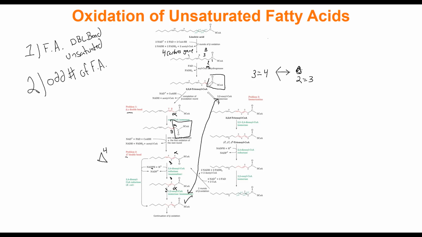If we have a 2,3 double bond already, before we've done anything with beta oxidation, what can happen is this 3,2-enol coenzyme A isomerase will flip that double bond from a 3,2 to a 3,4, which just breaks beta oxidation. Beta oxidation no longer works because the double bond's in the wrong place.